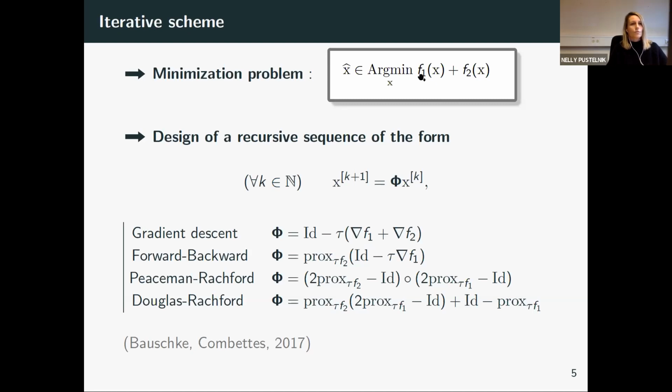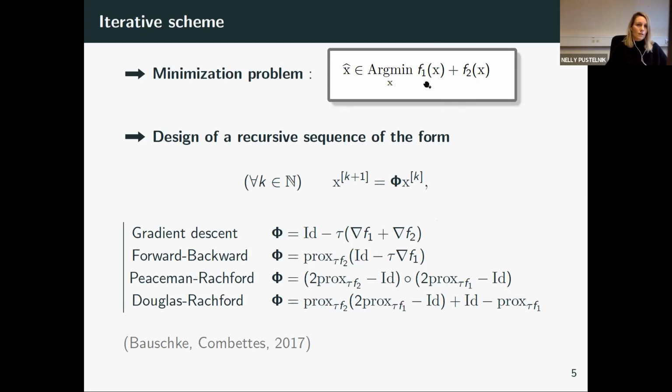I think that most of you know that if you want to minimize the sum of two functions, and if one or both are non-smooth, you can have recourse to a proximity operator strategy. But here is the list of the standard schemes that you can design to find the minimizer. For instance, if F1 and F2 are differentiable with a Lipschitz gradient, then you can perform gradient descent.